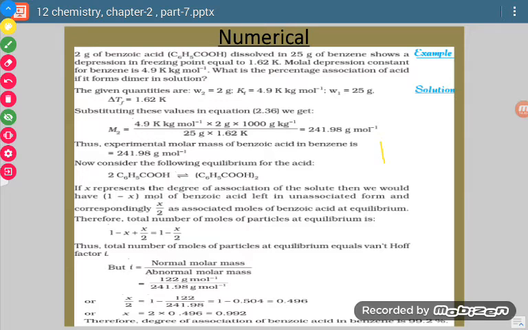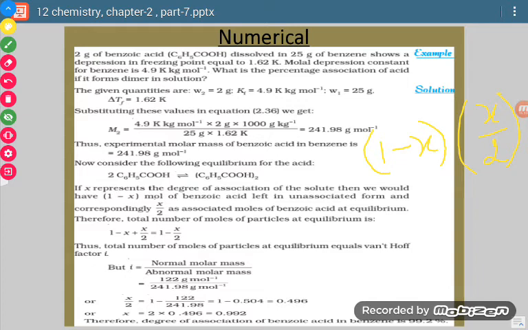This was the initial concentration. Out of this, x moles have associated. So how many moles are left? 1 minus x. Now see, since there is formation of a dimer, so how many are formed? The formed dimers will be equal to x by 2. Okay, formed dimers will be equal to x by 2.